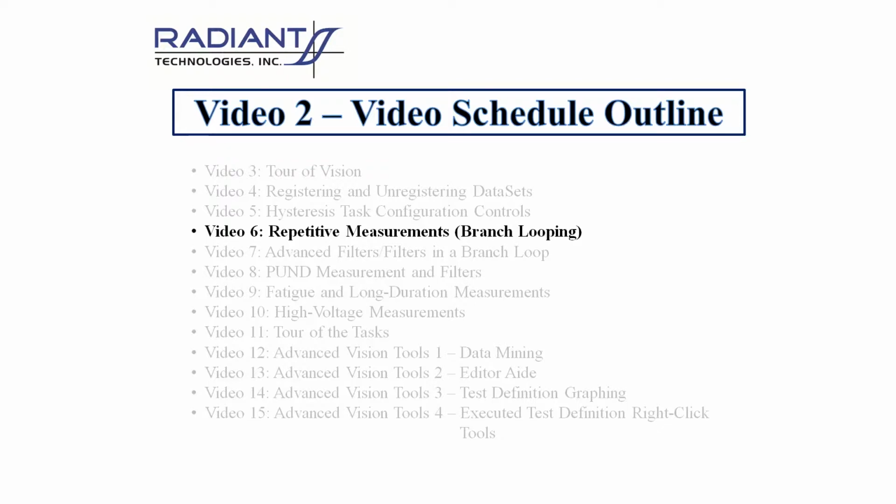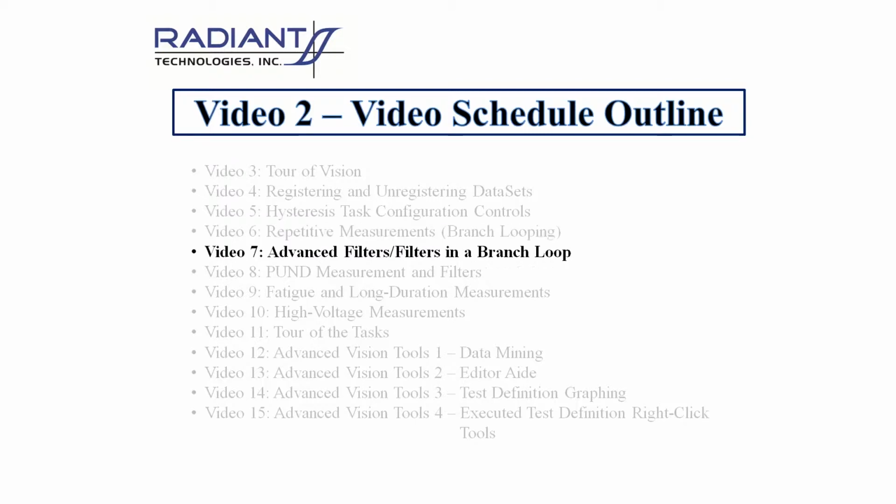The user variable, the fixed value, and the comparison are all specified by the user. The comparison produces a logical evaluation that will either return the test definition execution to the branch target task or pass it to the next task in the test definition. This video will address the subject of measurement task behavior when it is programmed within a branch loop.